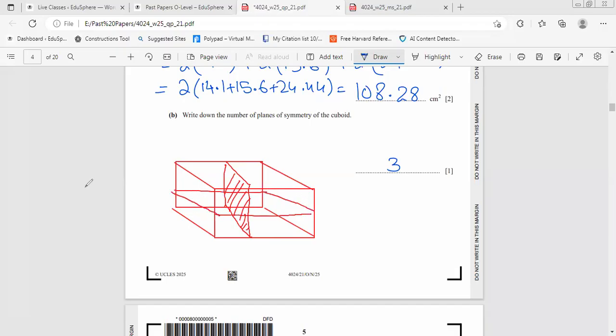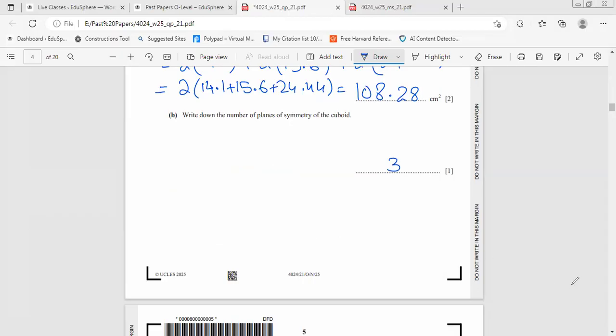I'm going to shade it with different colors so we can see. This is going to be the horizontal plane of symmetry. And the last will be the plane of symmetry which is, again, a vertical one, and this would be this one. So there are 3 planes of symmetry. So you can say one horizontal, 2 verticals. So these are the 3 planes of symmetry.